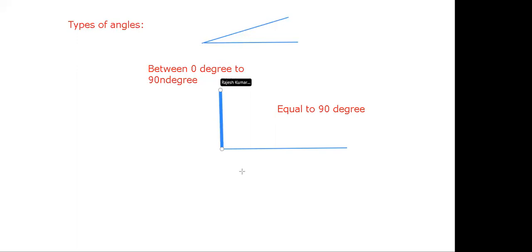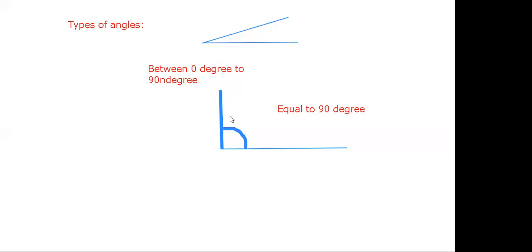This is a big thick line and another is a thin line. Even then, try to understand: if the value of the angle from here up to here, measured with a protractor, is equal to 90 degree, then this is another example of types of angle.